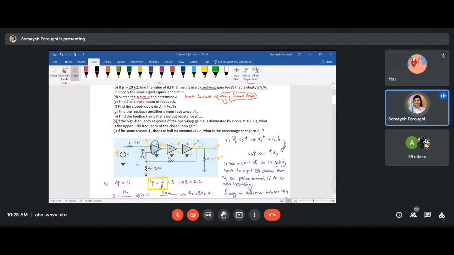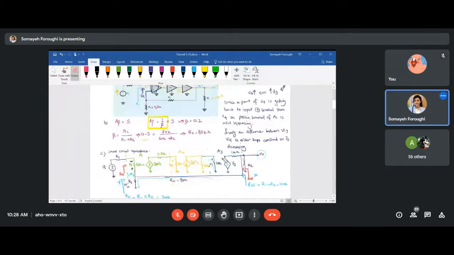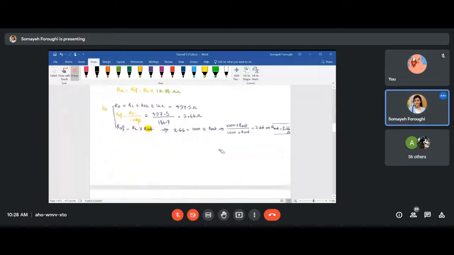Part J says if for some reason A1 drops to half of its nominal value, what is the percentage of AF change? Okay, so let's go back here. In part J, I know that A1 will drop.